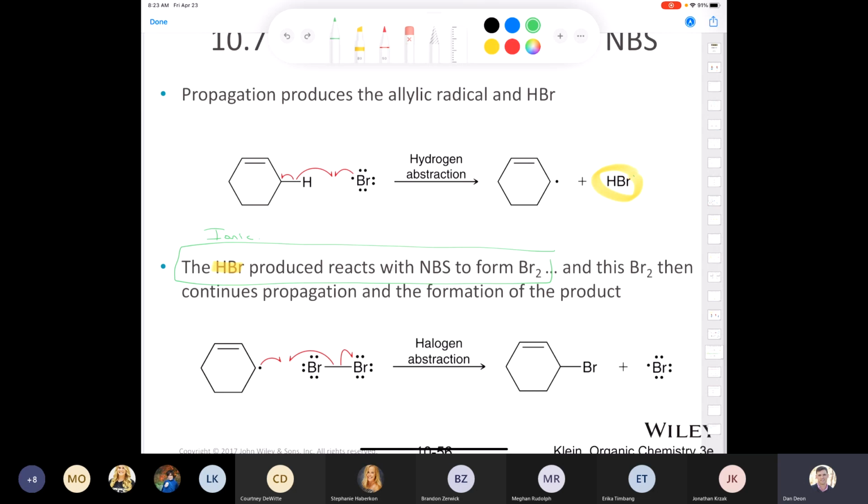That's allylic bromination. Now, I'm probably not going to ask you a ton about this mechanism, but like I always tell you, the more that you understand about a mechanism, the more fun organic chemistry becomes, the more rewarding it gets. So what are you responsible for knowing?